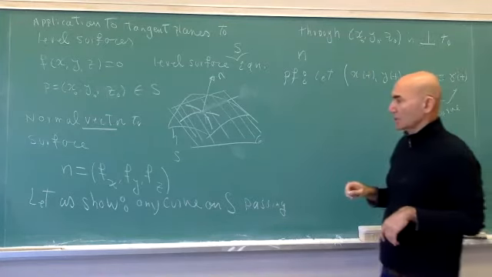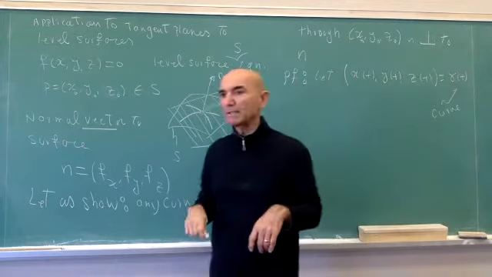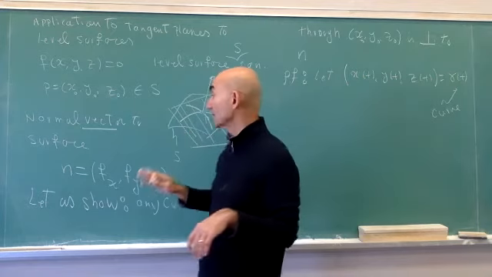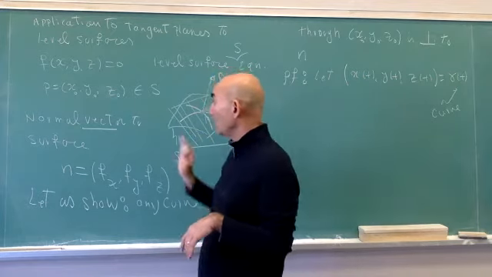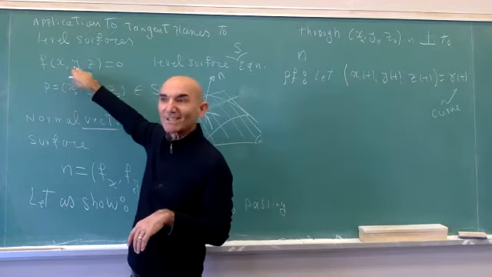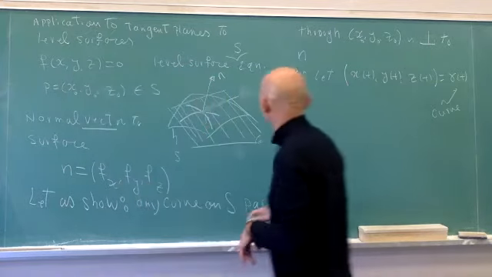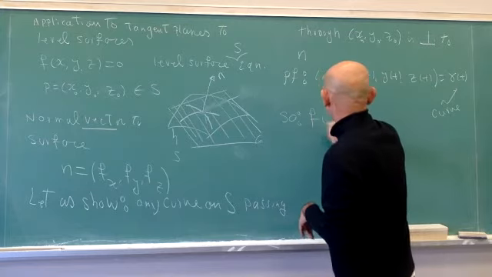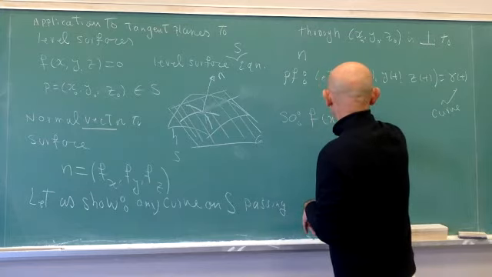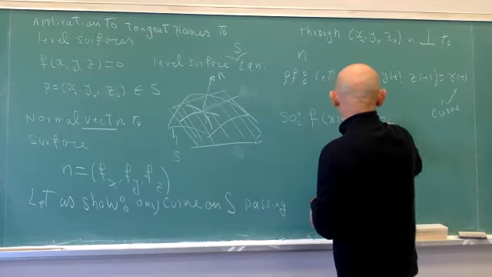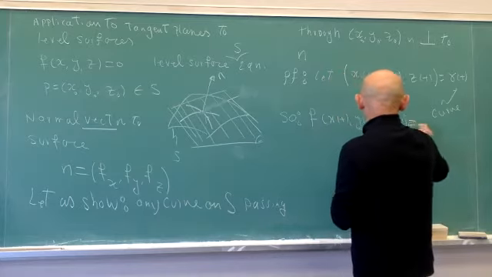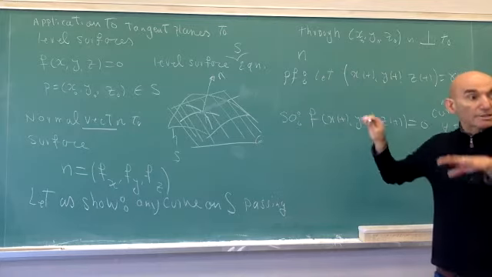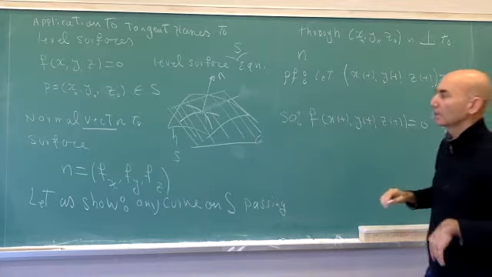But this is not just a random curve in space. It's on the surface and passing through this point. Being on the surface means that it satisfies the equation, so f of x of t, y of t, z of t is equal to 0 for all t. That's the meaning of being on the surface.